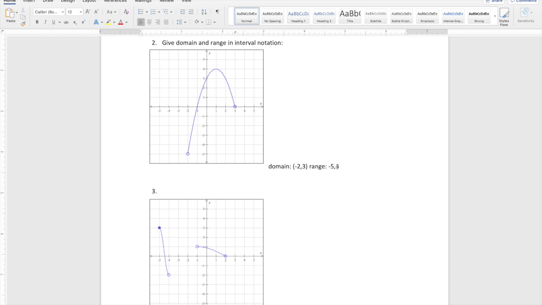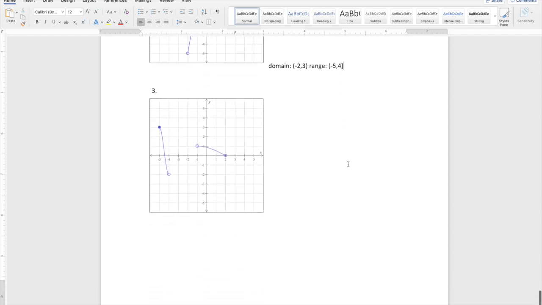Let's give these numbers brackets or parentheses. -5, this point, has an open circle, so -5 will get a parenthesis. 4 on the graph, this point here that has the y value of 4, has no circle. It doesn't appear to be closed or open. Well, because there is no open circle and the graph actually passes through this point, we are going to give it a bracket.